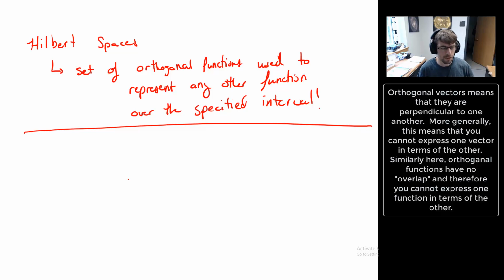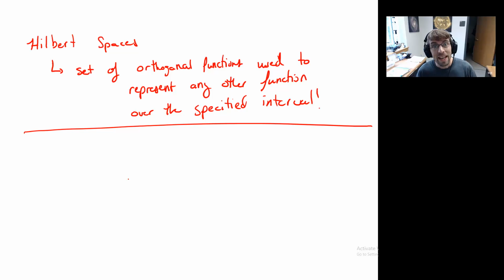Now let's sit back and think about this for a second. If I have a Hilbert space, I can take any function and represent it as a set of orthogonal functions. I should go further: usually it's a linear combination. So I find a set of orthogonal functions, and any other function in that domain can be represented as a linear combination of those functions.